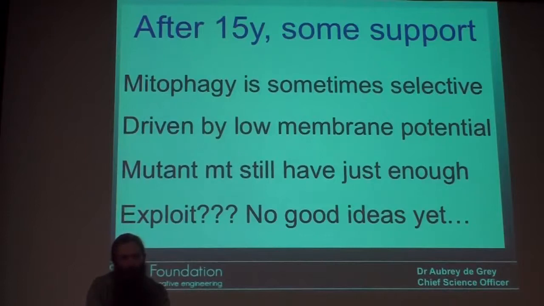And the mechanism for selective autophagy of mitochondria, mitophagy as it's often called now, has now been reasonably well elucidated. There's a particular protein that is made constantly in the cytosol and goes into the outer membrane of mitochondria. In mitochondria that are working well, that protein is imported into the inner membrane and broken down.